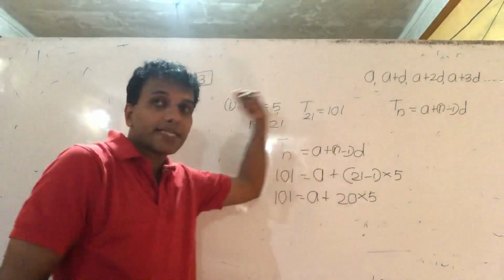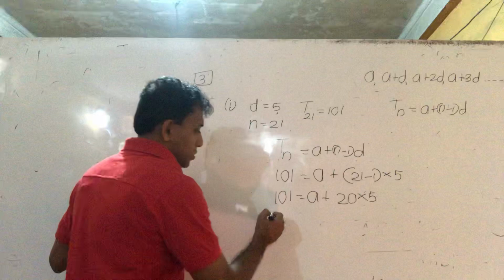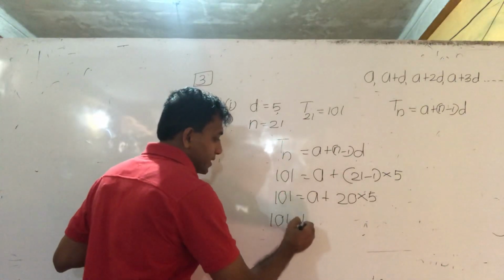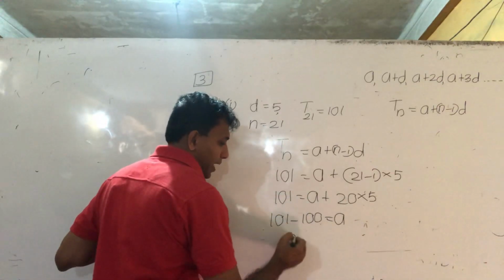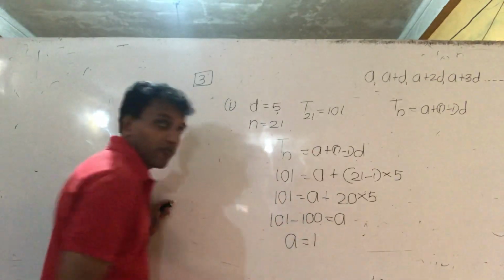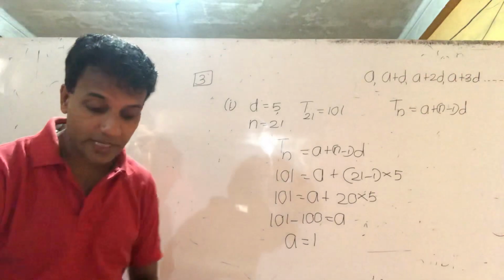20 times 5 is 100. Take the 100 to this side and subtract. So 101 minus 100 is a. So the a answer is 1. First term is 1, right? First term is 1.